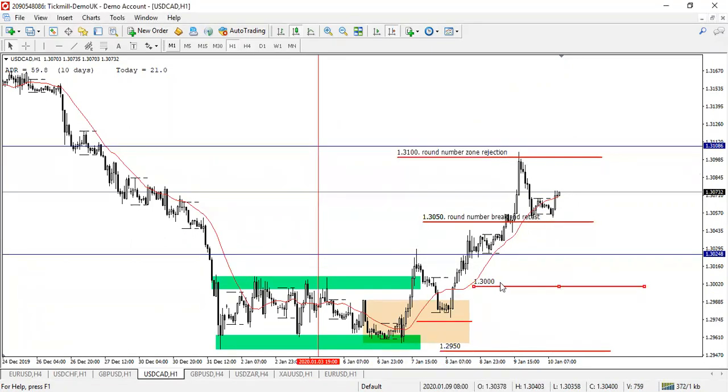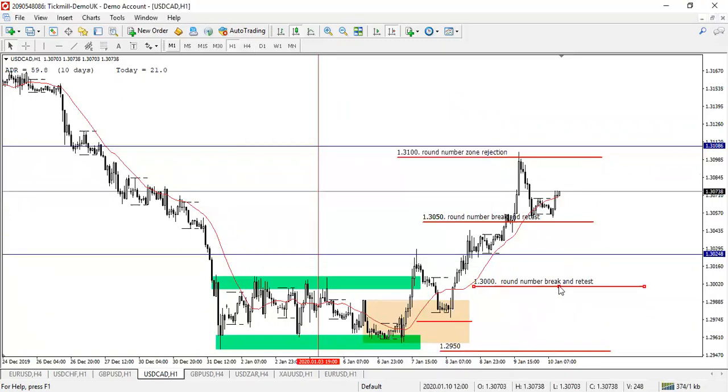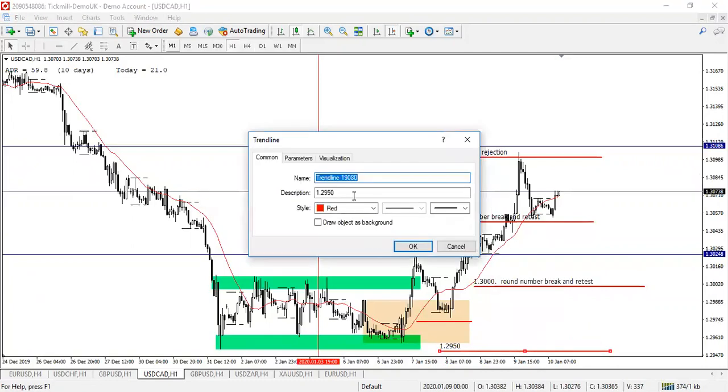And this is round number break and retest. And this is, guess what? Can you tell me what this is, guys? This is round number rejection, guys.